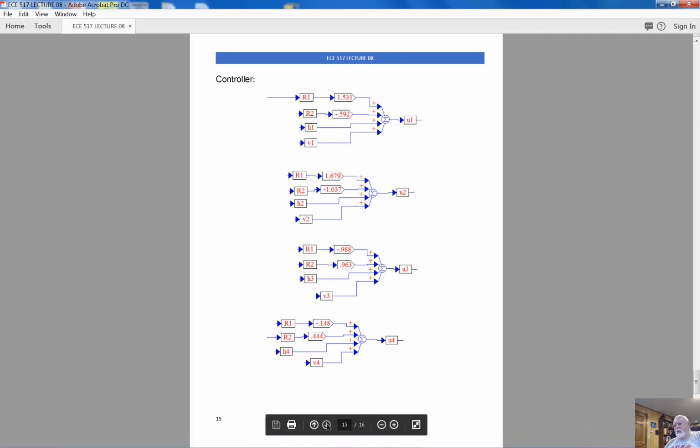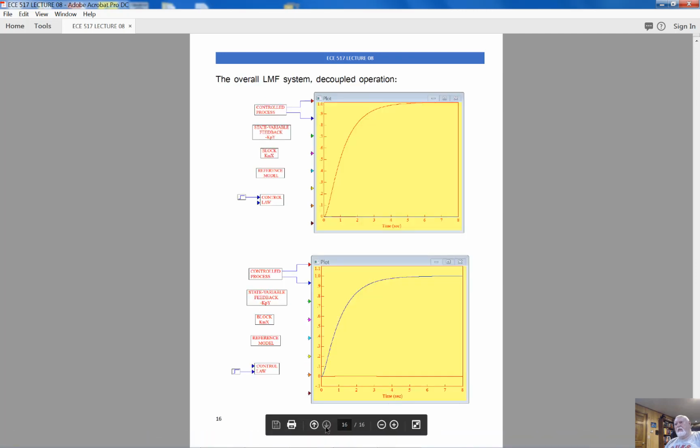The next thing we will do, we will show you the overall system operation. Look, I have the controlled process with 2 outputs. I have the state variable feedback mechanism, which is represented by minus Kp times y.